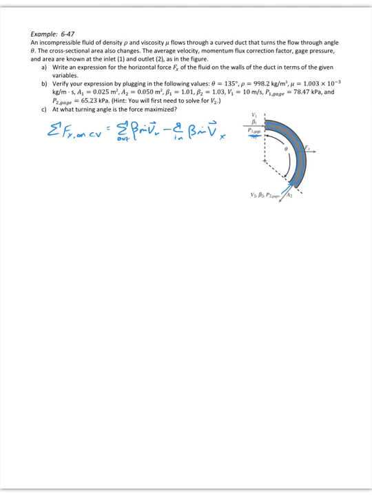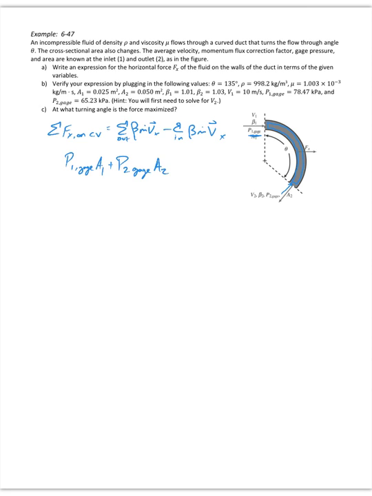So the force at point 1 I have is P1 gauge times A1. Then I've also got P2 gauge A2.